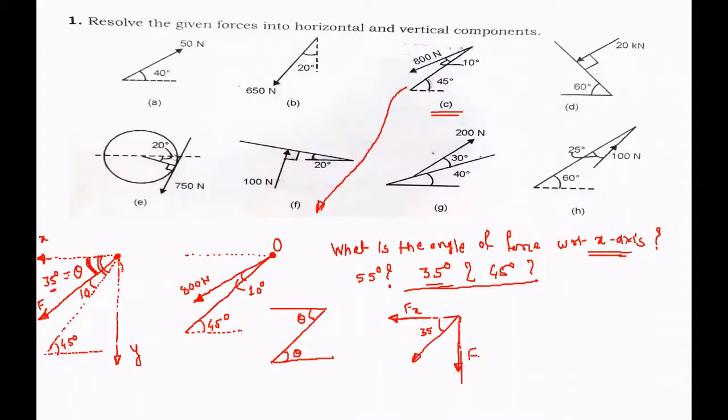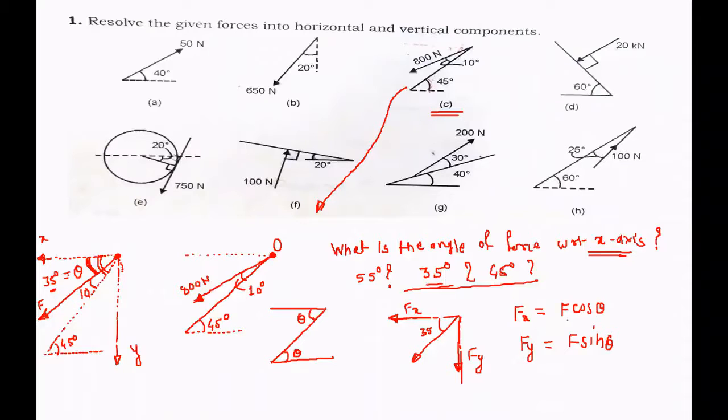So this is your fy. So fx is equal to f cos theta. So why are we taking cos? This angle is with respect to the x-axis, so x will be adjacent. So fx is equal to f cos theta. And fy is equal to f sin theta.